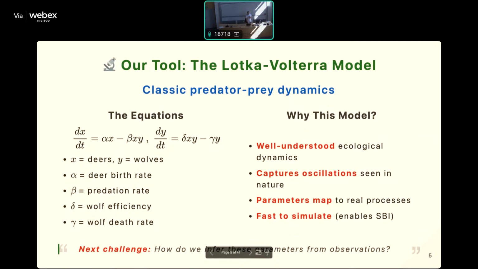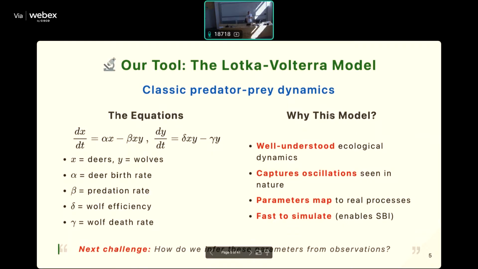And then we have this typical dynamics that the deers have some birth rate, so they grow with this birth rate, and the population reduces with some predation rate. So how many deers are eaten by wolves. And similarly, the wolves, with the variable Y, they have some efficiency, how much they reproduce, and some death rate. And these two equations describe these oscillating dynamics of these two populations.